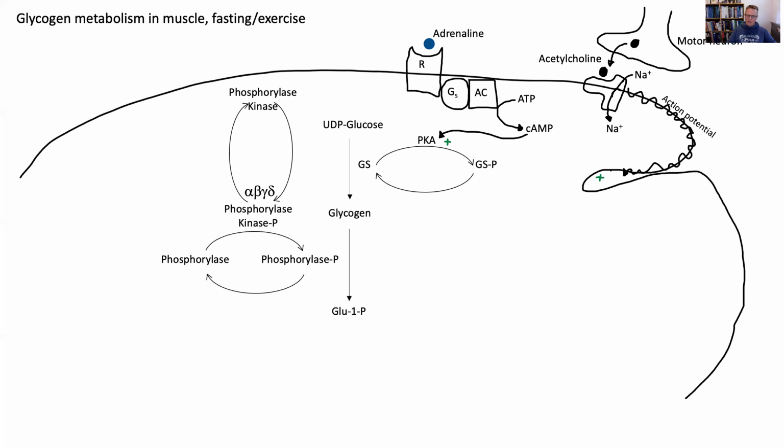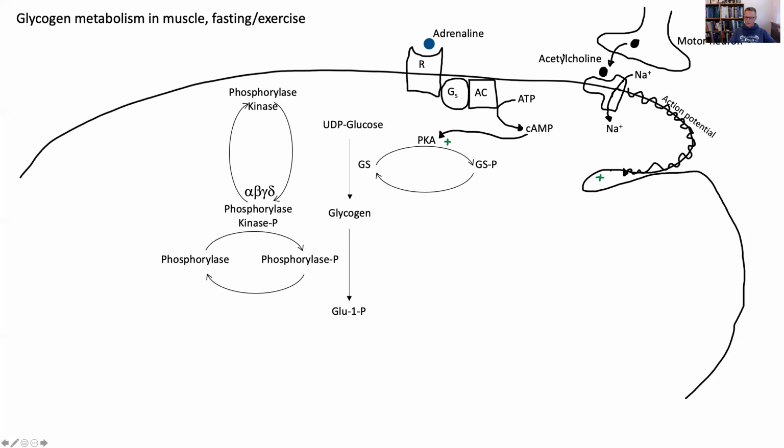But especially during exercise, we also know that we have other regulatory mechanisms that can control glycogen metabolism. And this comes from the production of acetylcholine, a neuromessenger coming from motor neurons.